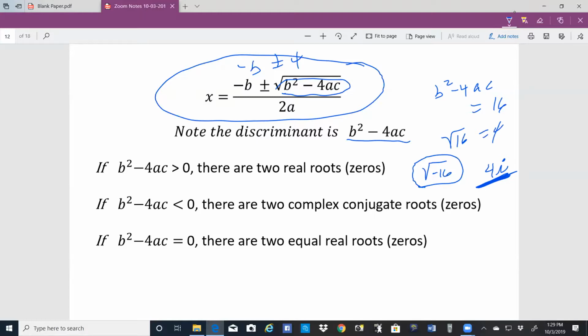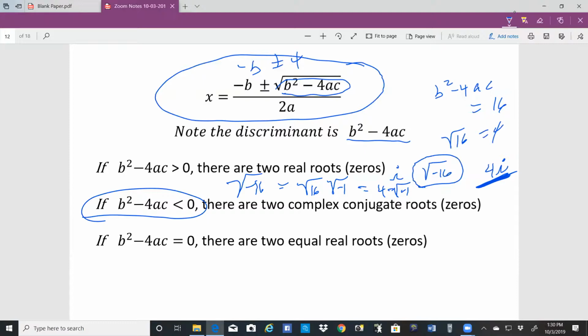So if b squared minus 4ac is less than 0, you've got the square root of minus 16, which would be the square root of 16 times the square root of minus 1, which would be 4 times the square root of minus 1. The square root of minus 1, if you recall, is i, the imaginary number.